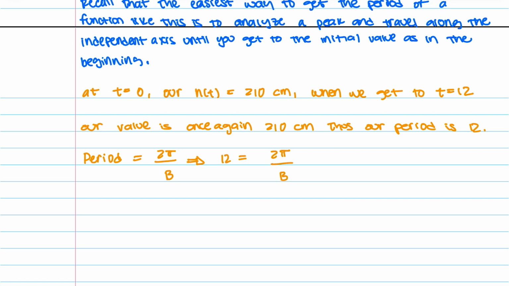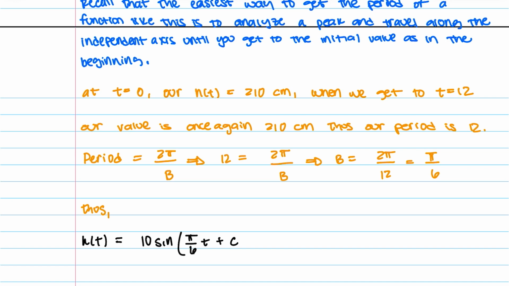Finally, solving for b, we get b is equal to 2 pi divided by 12, and through simplification, that is just pi over 6. By substituting this value for b into our h of t function, we get h of t is equal to 10 sine of pi over 6 t plus c, plus 200.